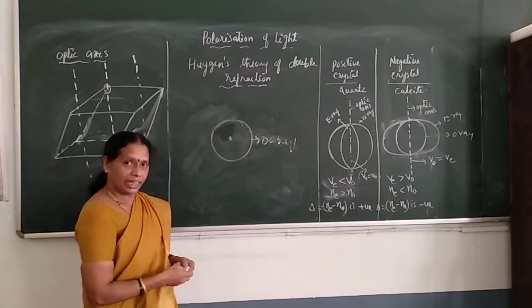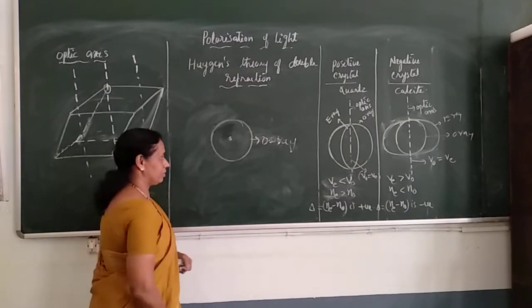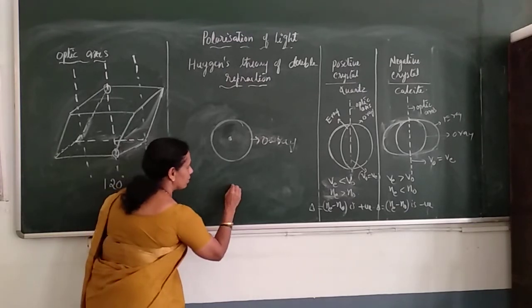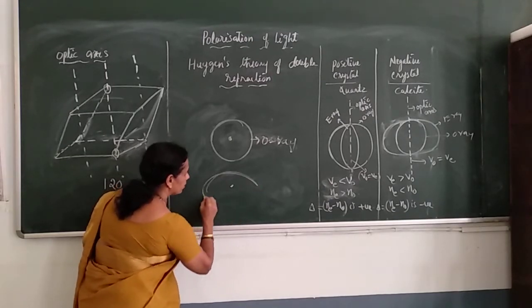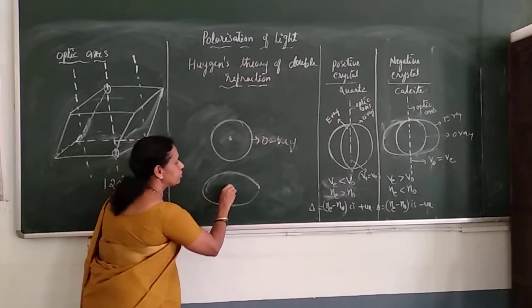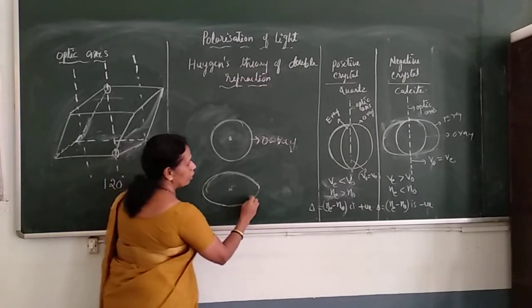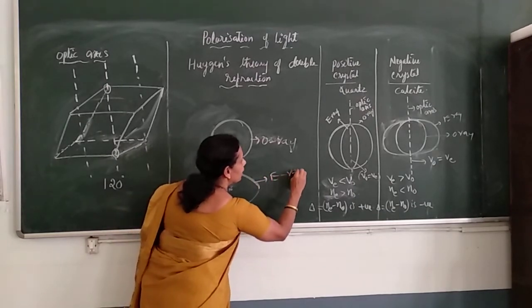The other one is the E ray. It travels with different speeds in different directions, so the wavefront corresponding to the E ray is found to be elliptical in shape.